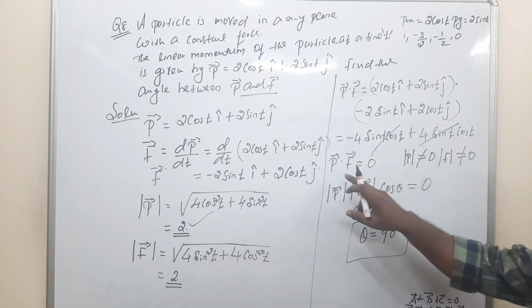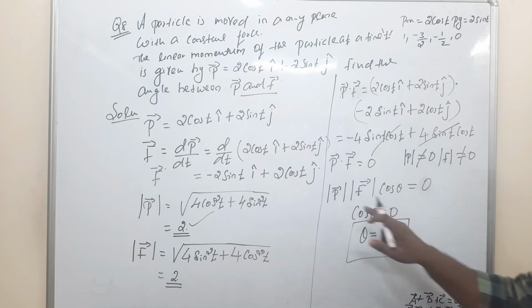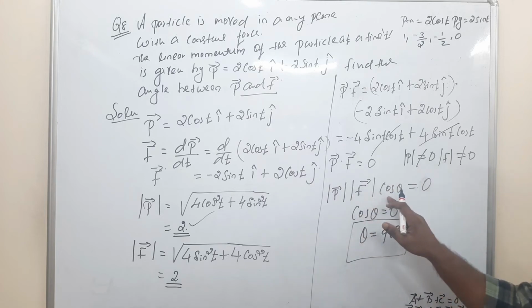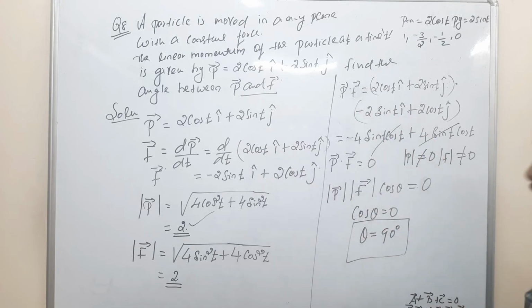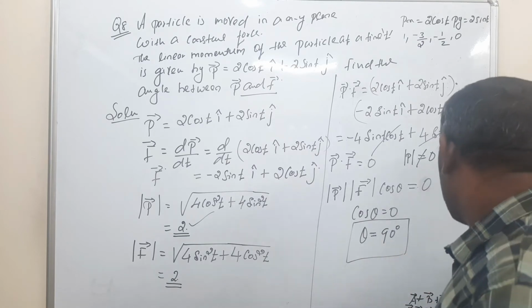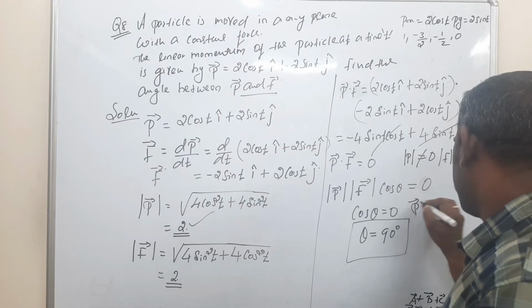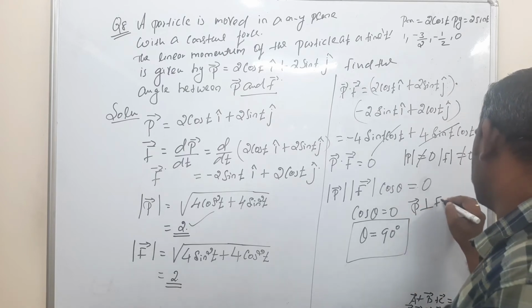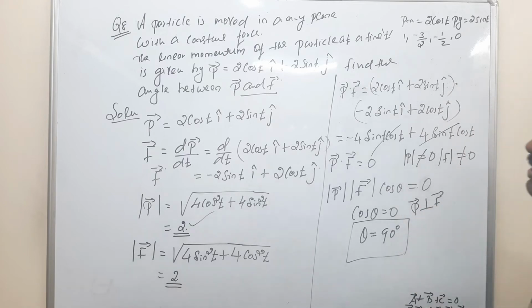In the dot product, P vector dot F vector is equal to modulus of P, modulus of F, cosine of the angle between the two vectors. So theta is 90 degree means we can conclude that P vector is perpendicular to F vector, or P vector is orthogonal to F vector.